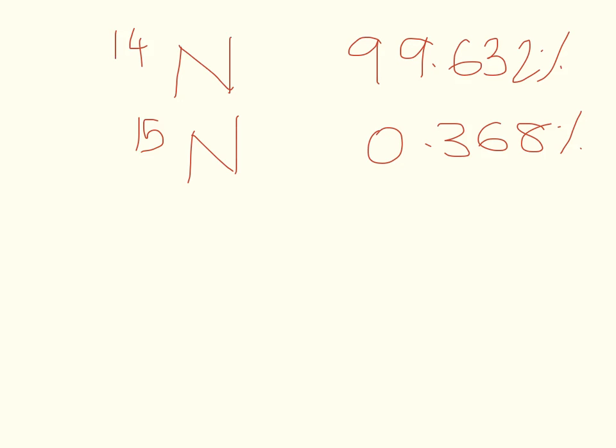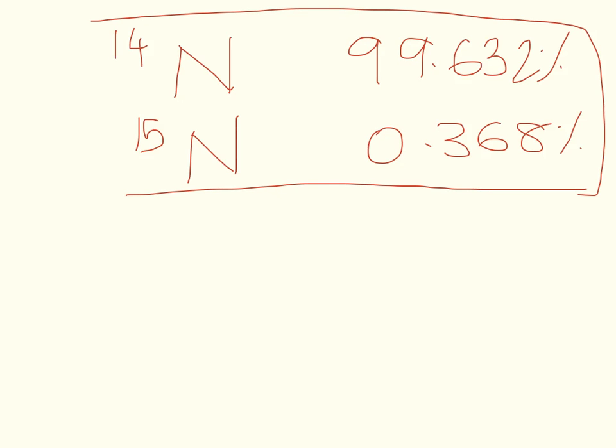So what information will go on the periodic table? Will information for this one go on the periodic table or this one? Again, they both have same number of protons. So nitrogen has 7 protons. So that will go on the periodic table.